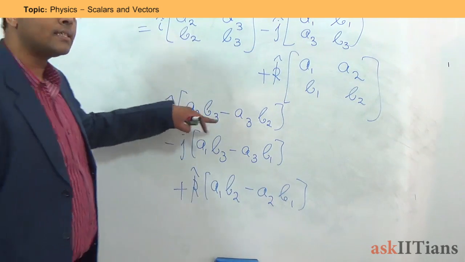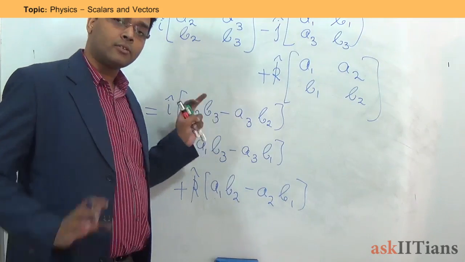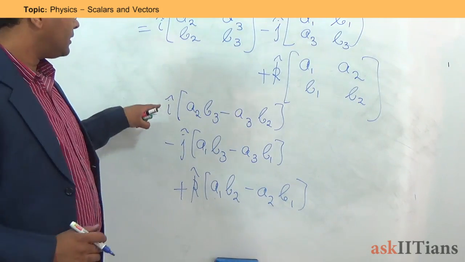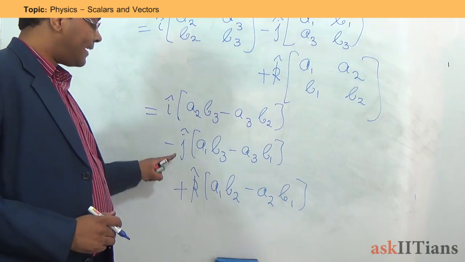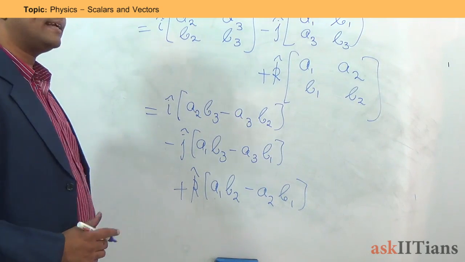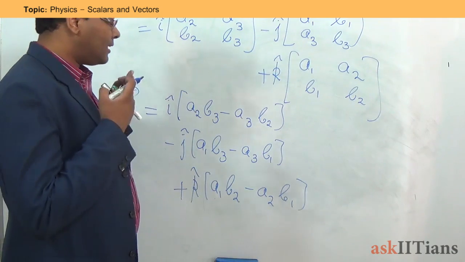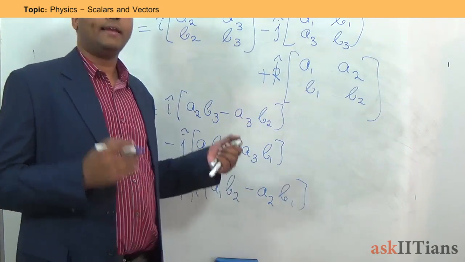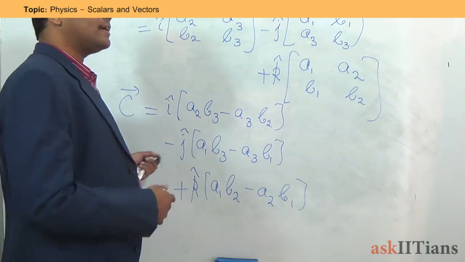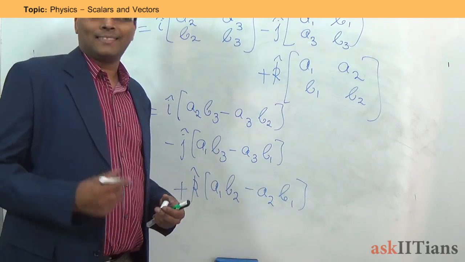As you can see, these are just the components, so these are just numerical values. But here you can see that you have i cap, j cap, k cap. So that is the reason we say that the resultant is a vector. So this is the resultant of a cross product. Cross product is a vector, dot product is a scalar.